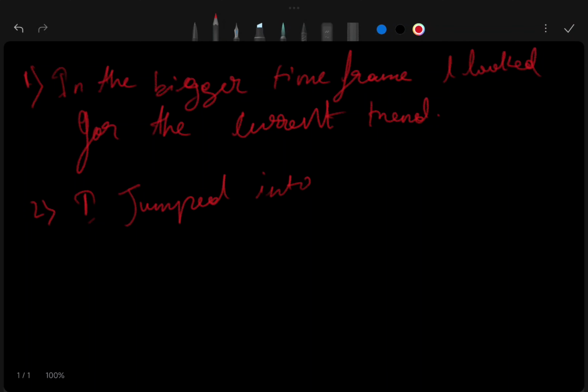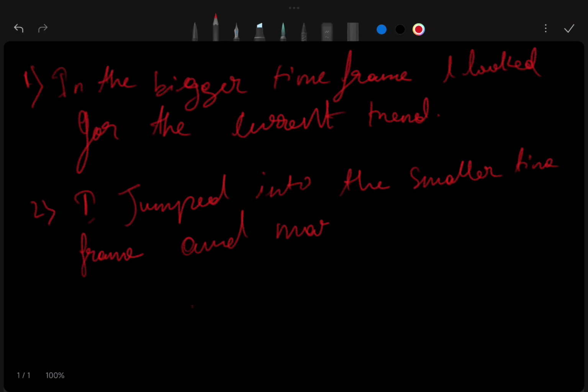Second, I jumped into the smaller time frame and marked the support, or in some cases the resistances.